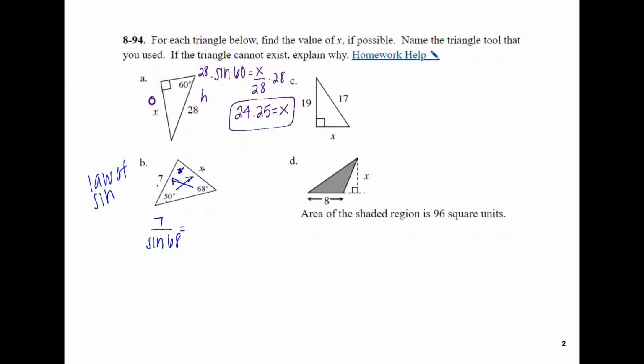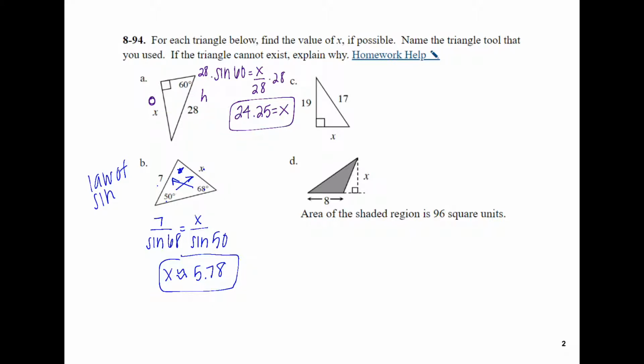Set that equal to our x, place that over the sine of 50. We can use cross multiplication because that's the inverse of division. And we get that x is approximately 5.78 units.